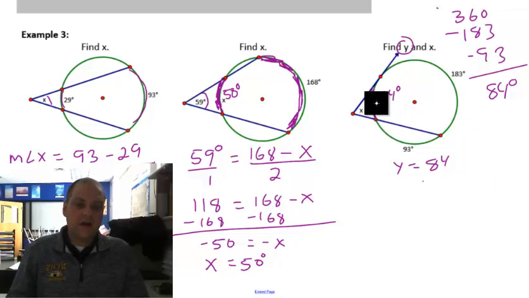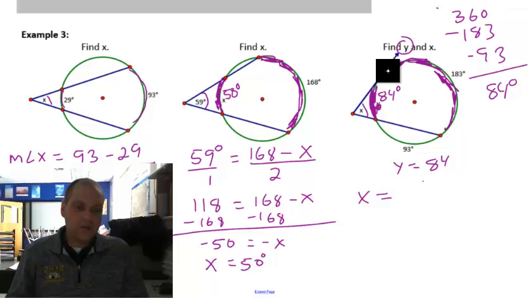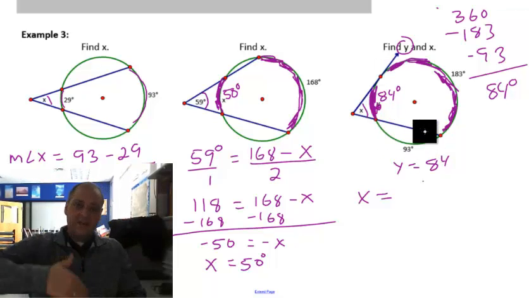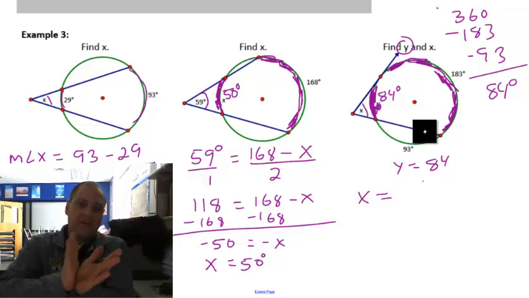And then I'm going to find X now. So I'm going to do my formula. X equals... Now I'm doing intercepted arcs, guys. Intercepted arcs. Here's one of them, and here is the other one. I don't care about the 93. The 93 is kind of outside. It's exterior. It's not inside. It's not intercepted.